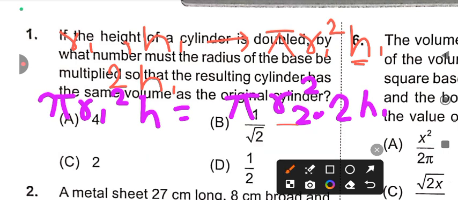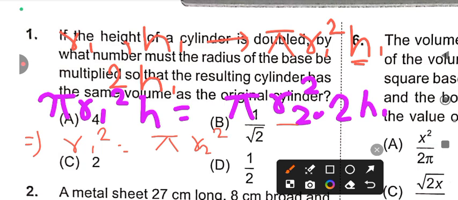So from here we get R1 square is equal to 2 pi R2 square.